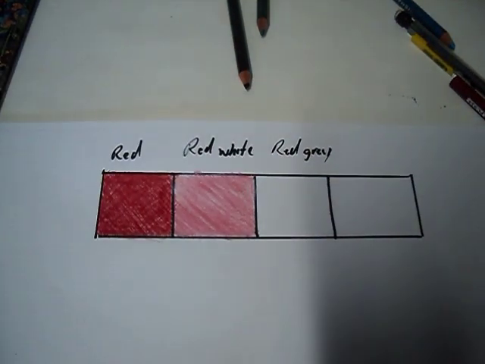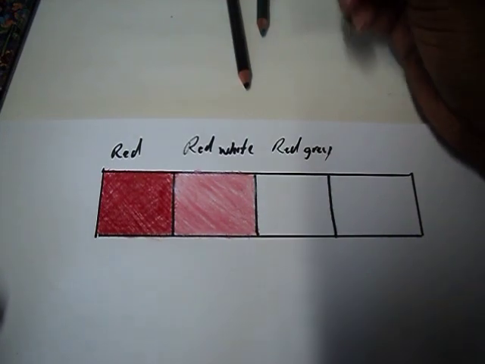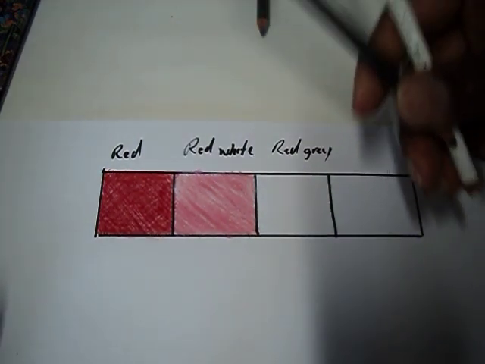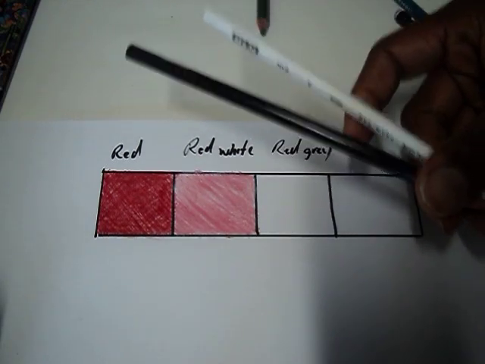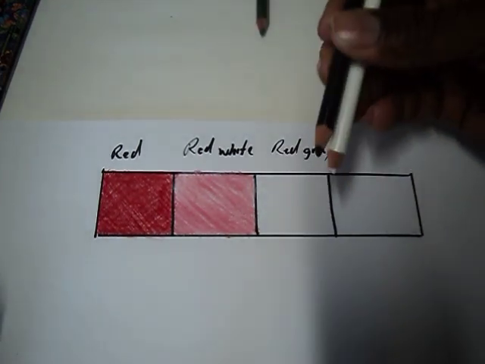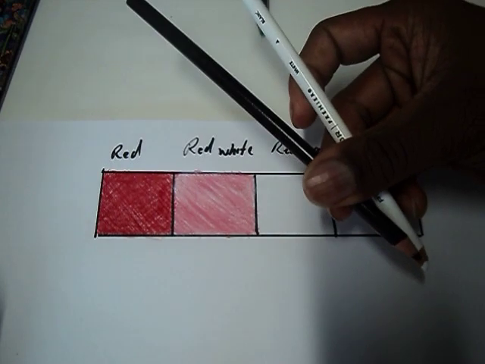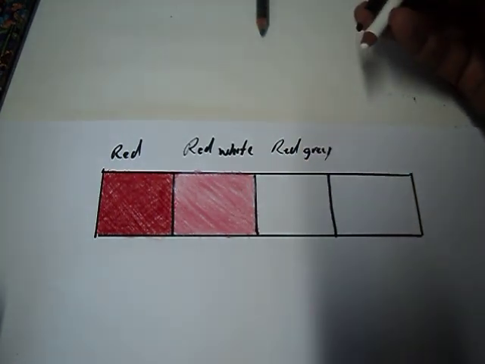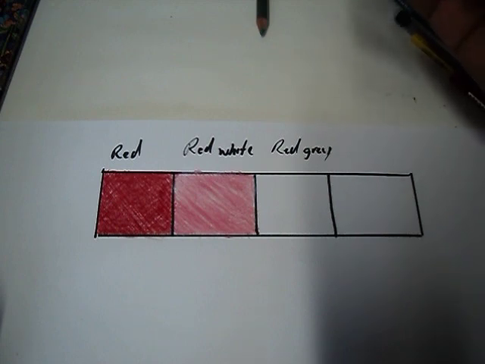Now, again, some people don't know this. Some students don't know that, and there's no shame in not knowing this. I know a lot of kids, a lot of adults that don't know this. But first you have to take white and black together. You mix that together, obviously you're going to have gray.